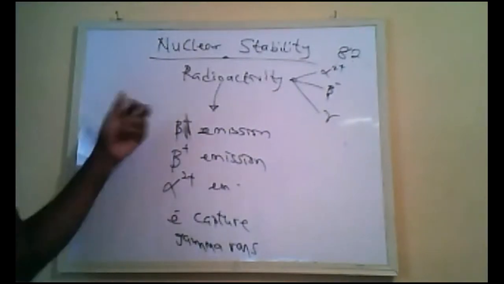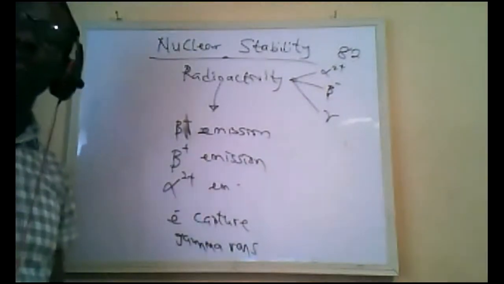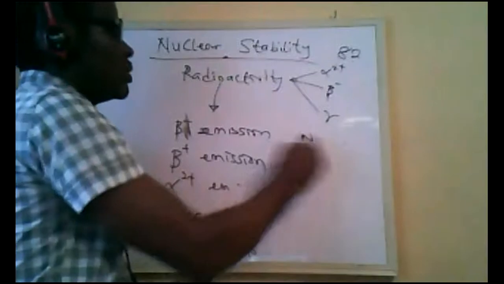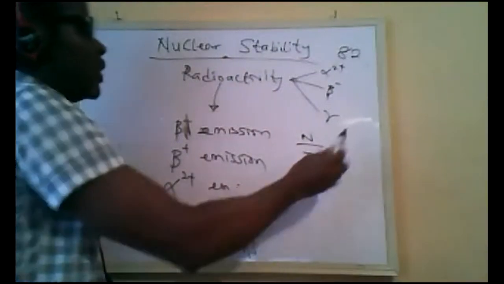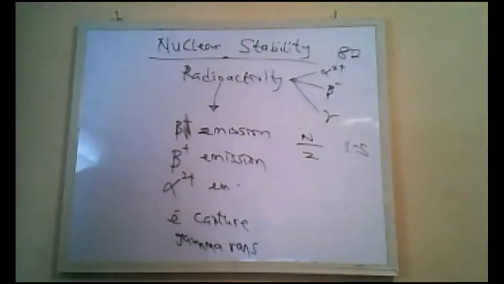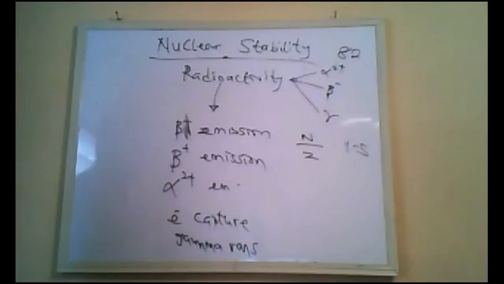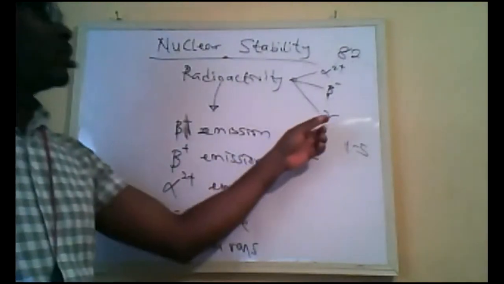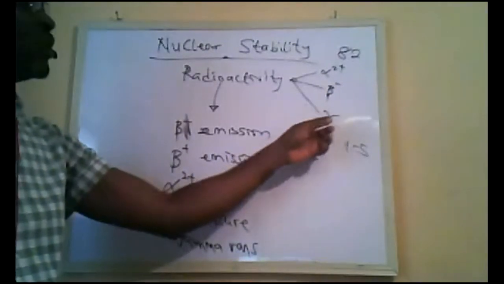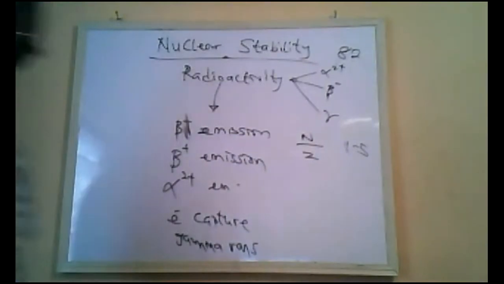Whether it's going to be this emission or that emission depends on the conversion of neutron to proton or proton to neutron. When this n over z is not 1.5 and above for high z, higher mass elements, then either the proton is converted to neutron, or the neutron is converted to proton.